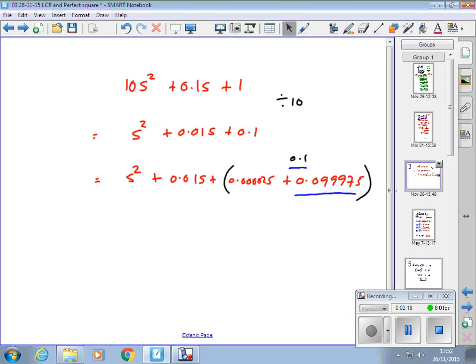So I can now rewrite this as s plus 0.005, which is half of 0.01, all squared, plus 0.099975.